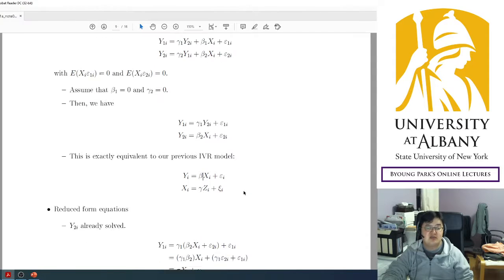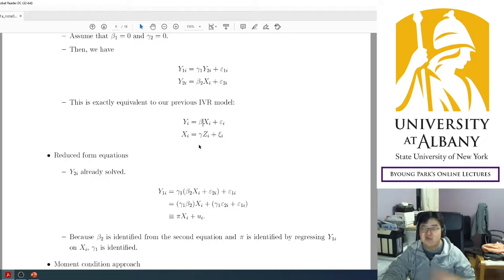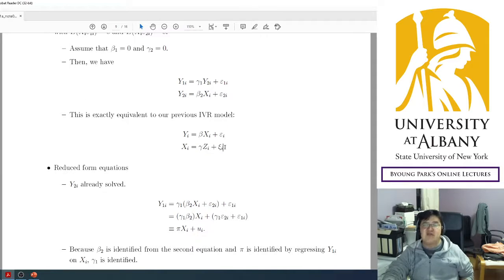And in this case, we know how to identify this triangular equations model. We studied this in chapter 2. But now let's just use the simultaneous equations model approach and see what happens. The reduced form equation goes like this.